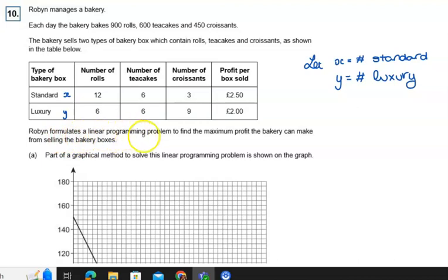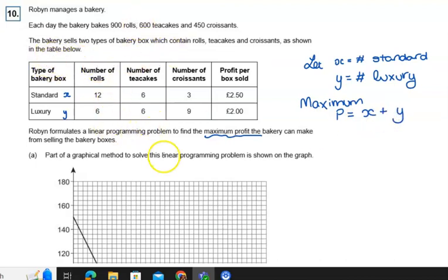Robin formulates a linear programming problem to find the maximum profit the bakery can make. So the maximum profit, okay, what we're trying to optimize is we want the maximum profit, so we want to maximize P. Now P is equal to the number of standard boxes you sell and the number of luxury boxes you sell.